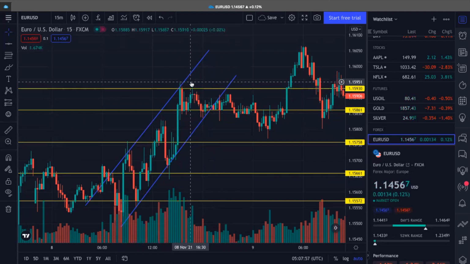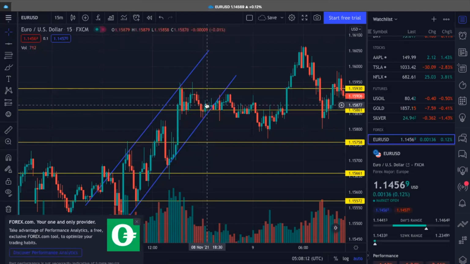When you see that the market is not moving above your resistant line and it is basically at the tip of where it does not want to push forward, do not get in for a buy here. Don't do it. Don't do it.